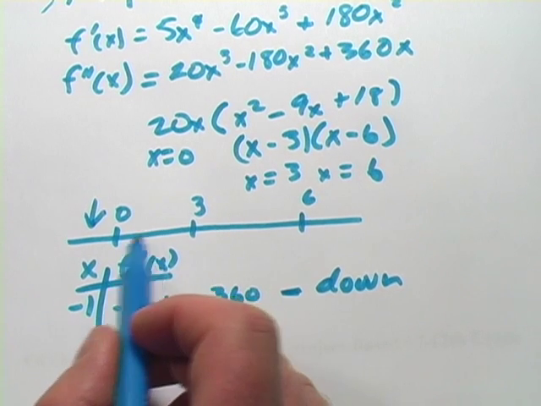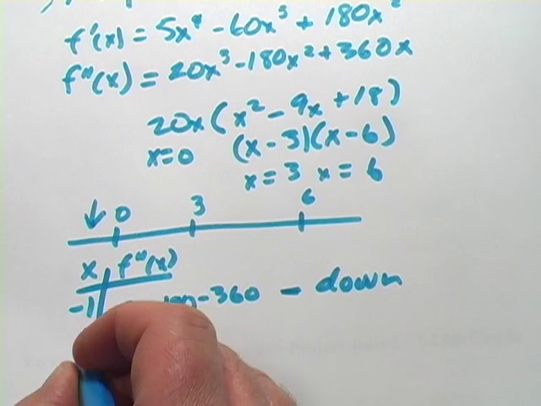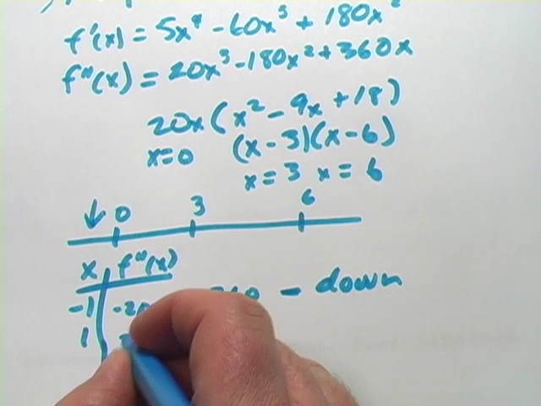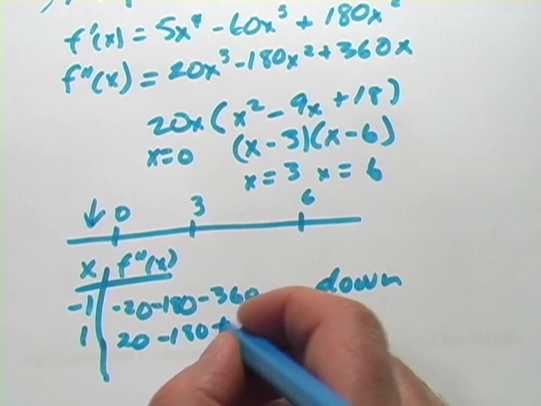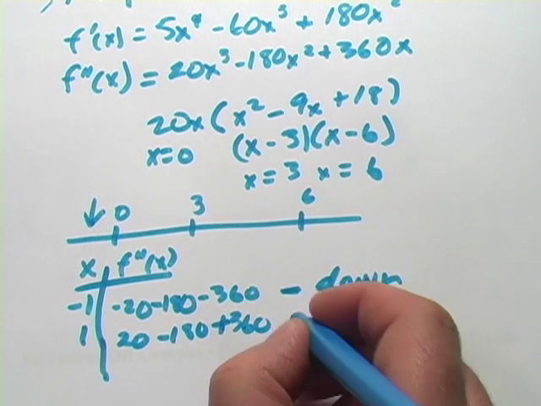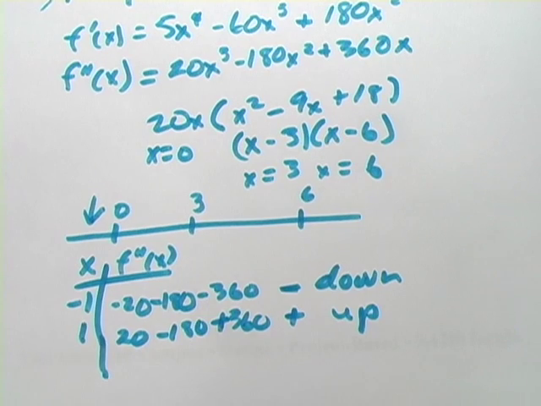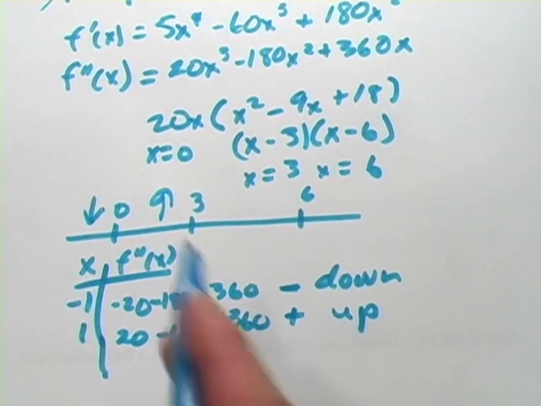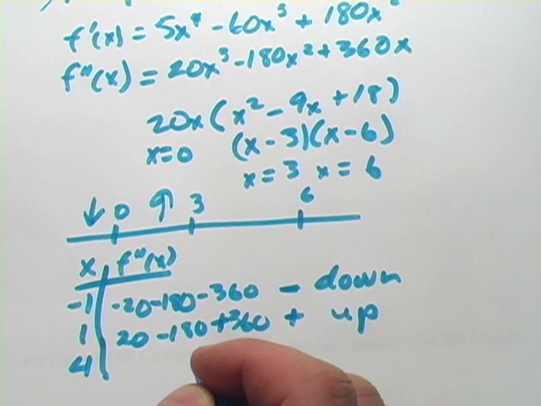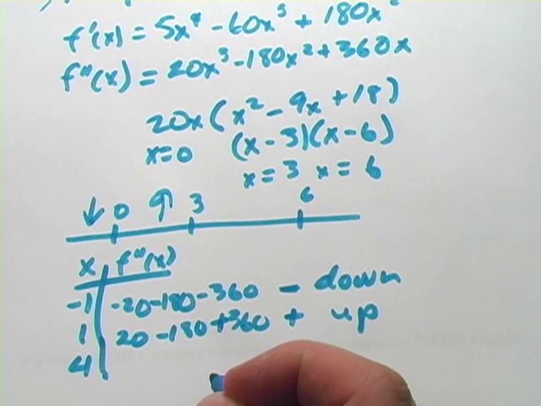All right, and let's pick a number for this interval. I think I'll choose 1. That should be easy. So we'll get 20 minus 180 plus 360. That's clearly going to be positive, so that's concave up. And in this region, I'm going to choose 4. Now the numbers are going to get kind of big on me.